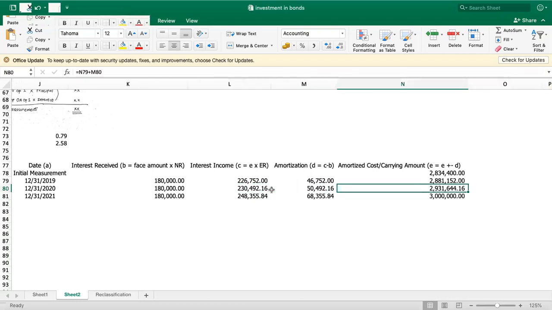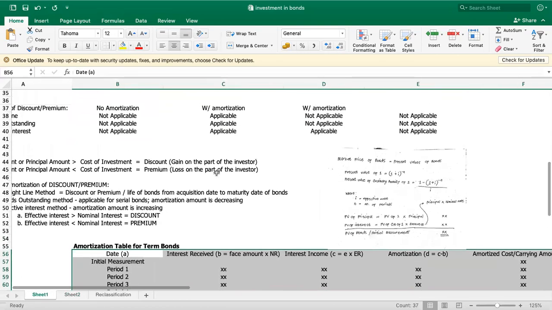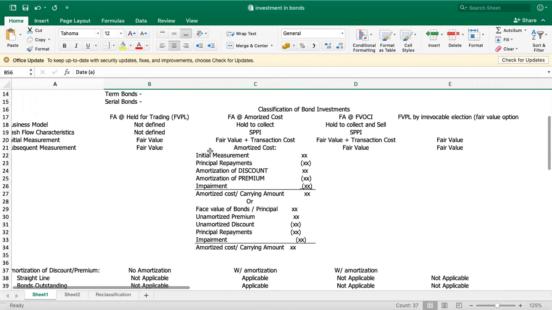Okay, so, di ba another way to compute? Di ba ito yung pinakita ko kanina, ito. So, actually ito, makikita mo to sa amortization table. This is the amortization table. Another way to compute, di ba, this is the face value of bonds, plus an amortized premium minus an amortized discount if there are principal payments minus if there's impairment minus.